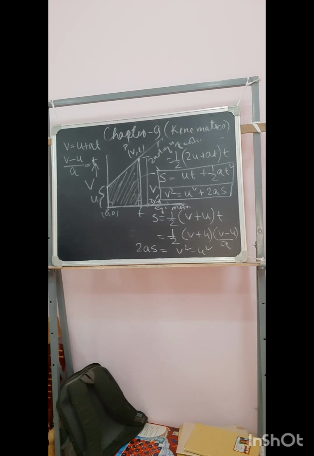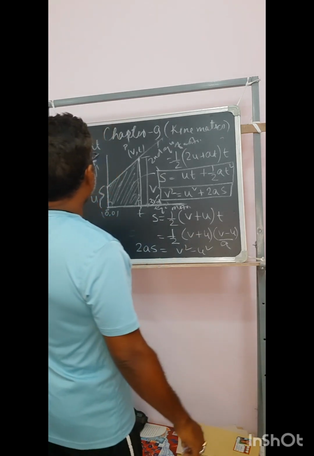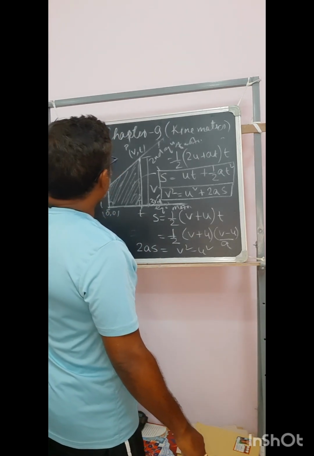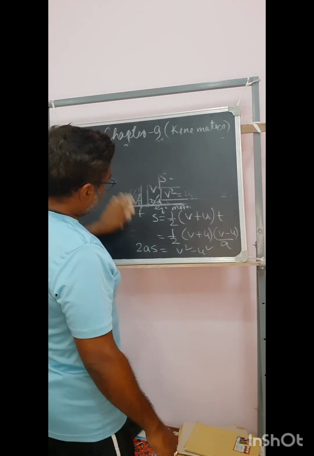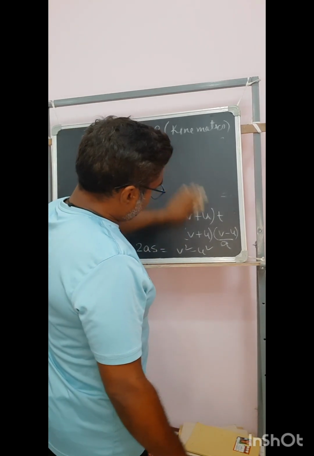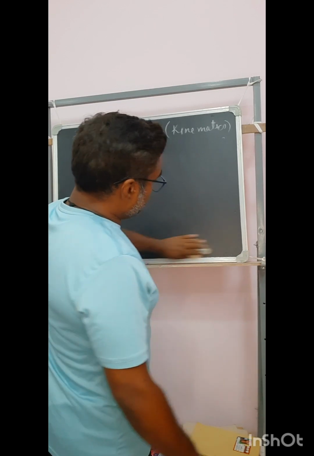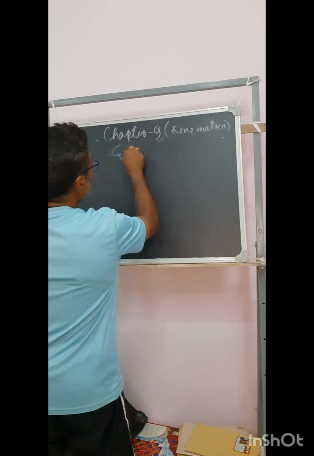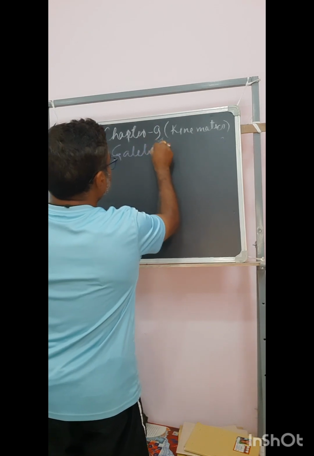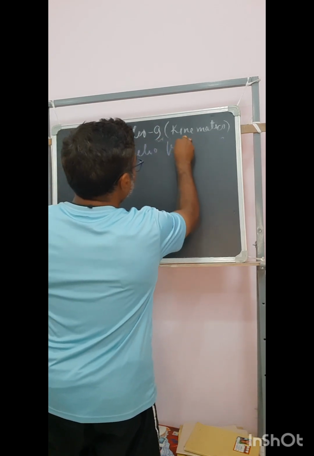Now some extension using this is called the fourth equation of motion. That again is based on what is called Galileo's trick.